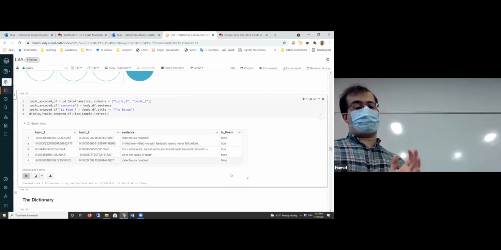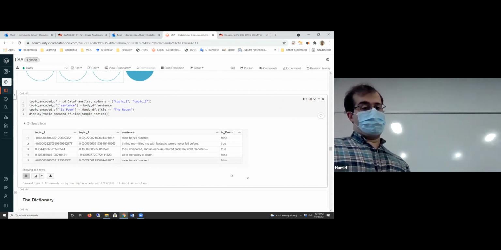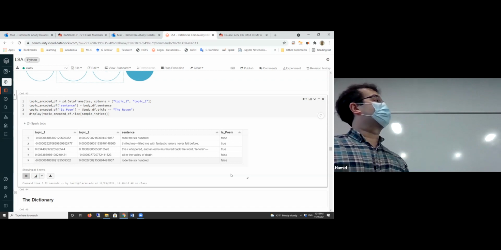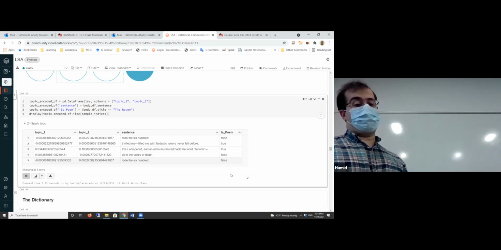So we named these two components as topic 1 and topic 2. And also we make a sentence column, which just means the actual sentence that we brought. And also add a new column, isRaven.